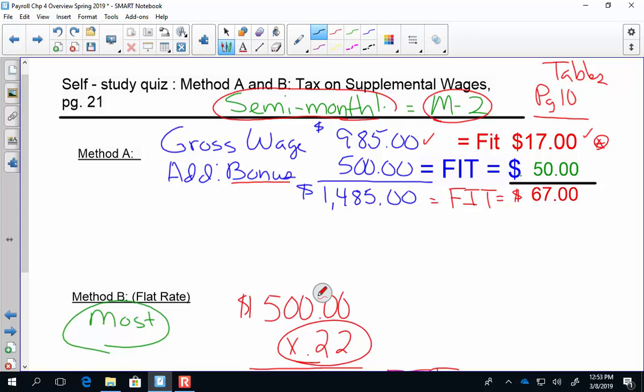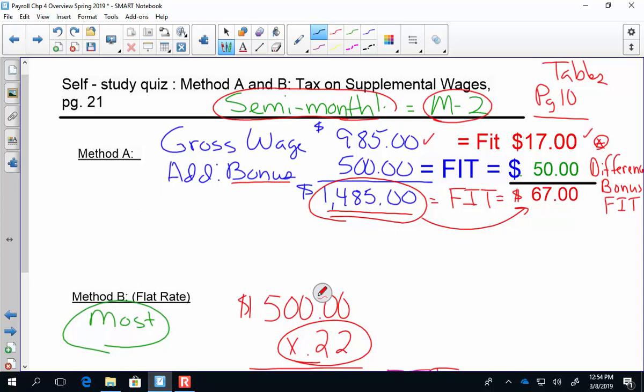So in this case, we add the $500 bonus, and now let's compute the federal withholding at that level, which includes the bonus, which comes up to $67. So the difference between 67 and 17 is the actual bonus FIT. And that's what we're looking for in this particular case. So this $500 is paid on a separate check. How much do we withhold?